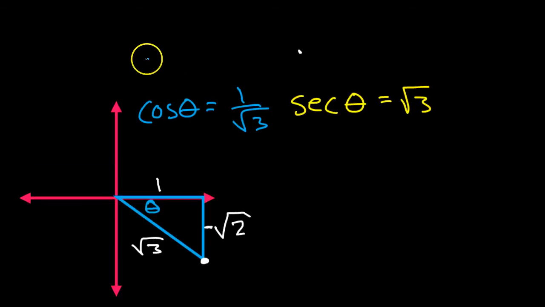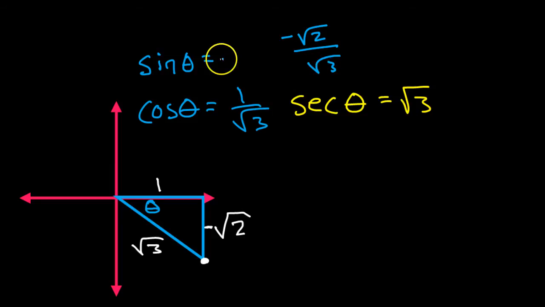So for example, the sine function, the sine of theta is opposite over hypotenuse. So let me be real careful about that. Opposite over hypotenuse, so that's going to be negative radical 2 over radical 3.